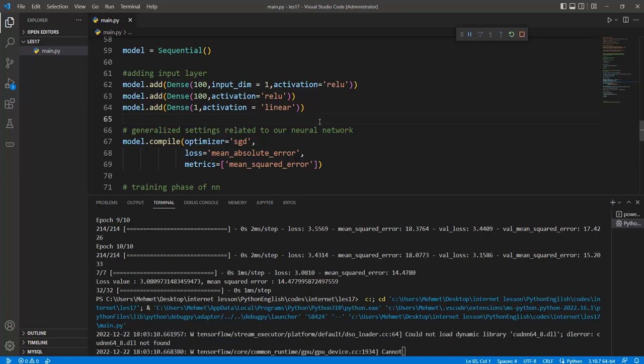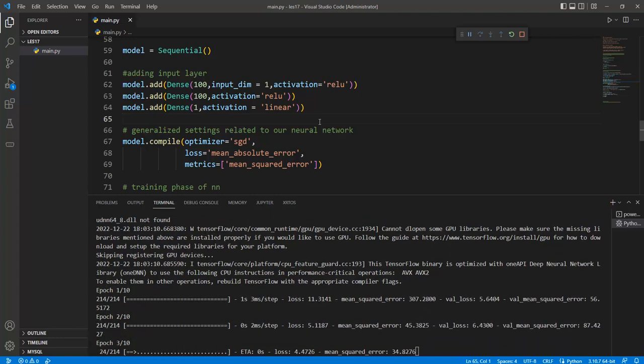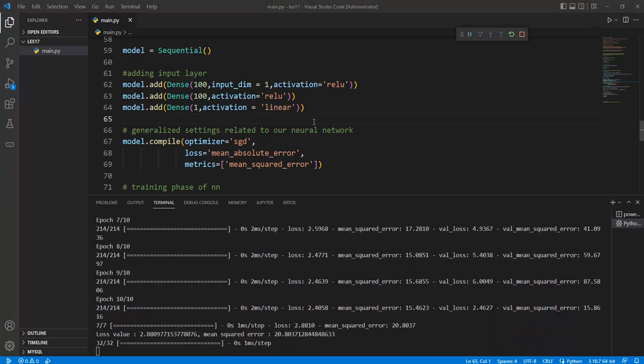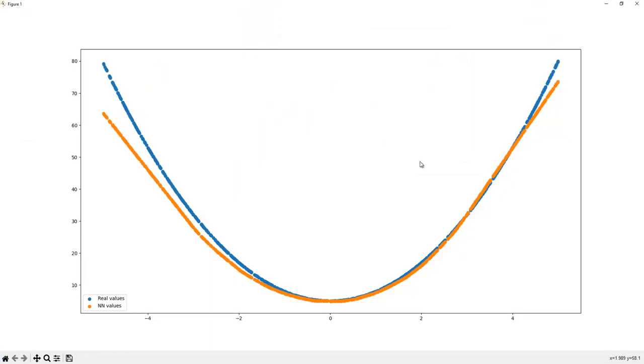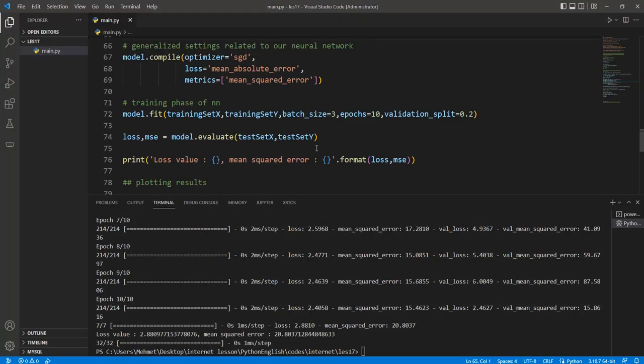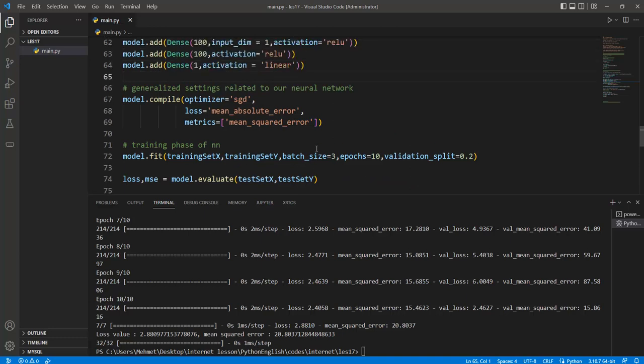We may expect our results to be much higher than the previous one. If you look at these terms, this is much higher than the previous results.